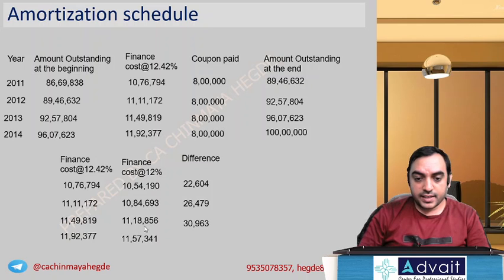And 11 lakh 92,377 minus 11 lakh 57,341 is 35,036.